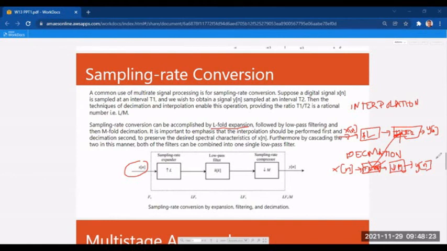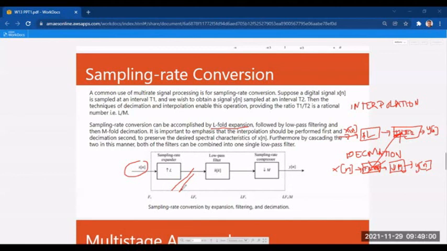So if the quality after decimation is already low, no matter how high the interpolation will be, the quality will not be the same as the original. That's why the first step is always to interpolate, so that the quality of the original signal will be preserved, and then the decimation process will be of a signal that is still as accurate as the original signal.